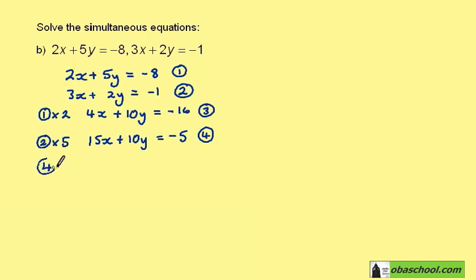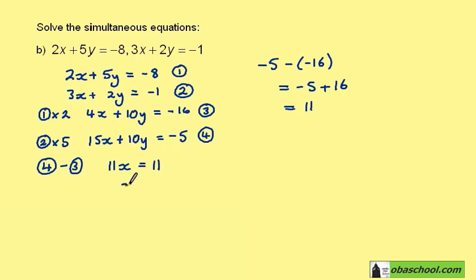Same means subtract, so do 4 take away 3. 15x take 4x is 11x. Minus 5 take away minus 16 is minus 5 plus 16, which is 11. It follows that x is equal to 1.